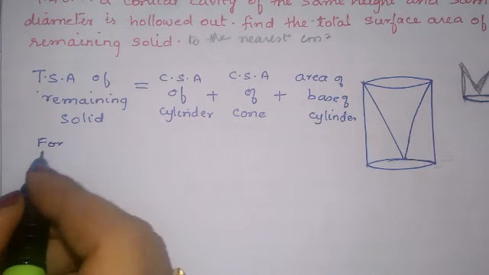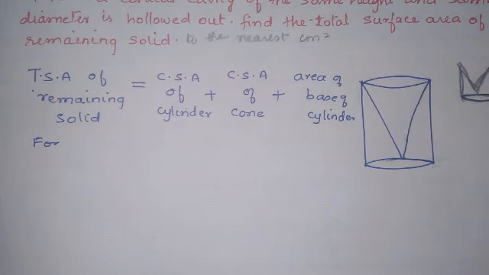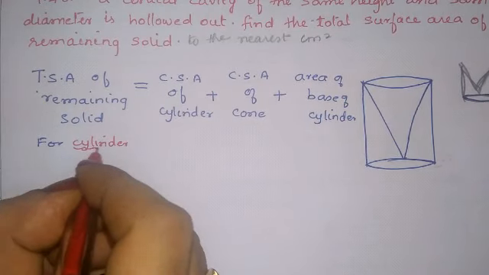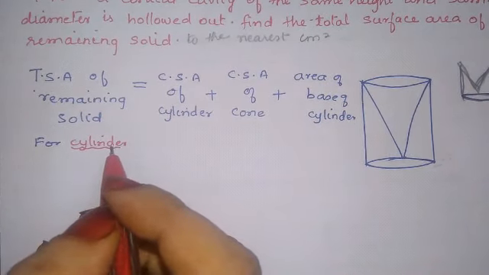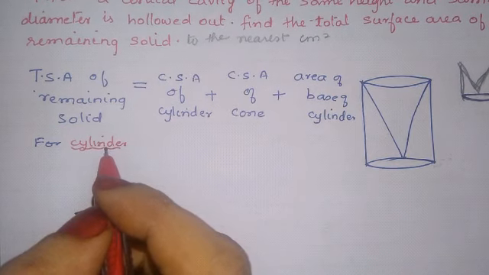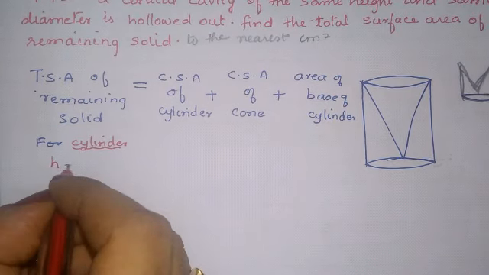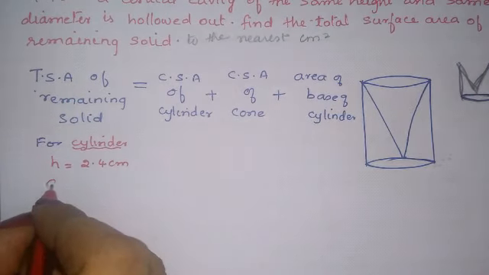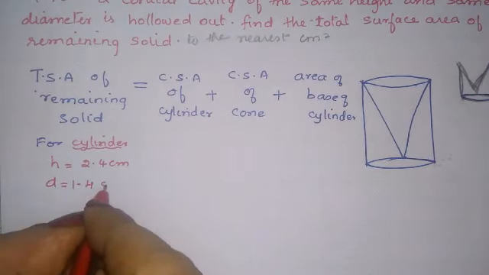For the cylinder, I'll highlight with the red pen here. What they have given: a cylinder from a solid cylinder whose height is 2.4 centimeter and diameter is 1.4 centimeter.